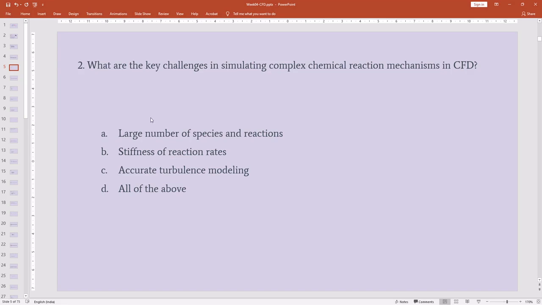The options are: large number of species and reactions, that is, there will be a lot of reactants and a lot of reactions happening; stiffness of reaction rates; difficulty in accurately modeling turbulence; or all of the above. You can inbox the answers.